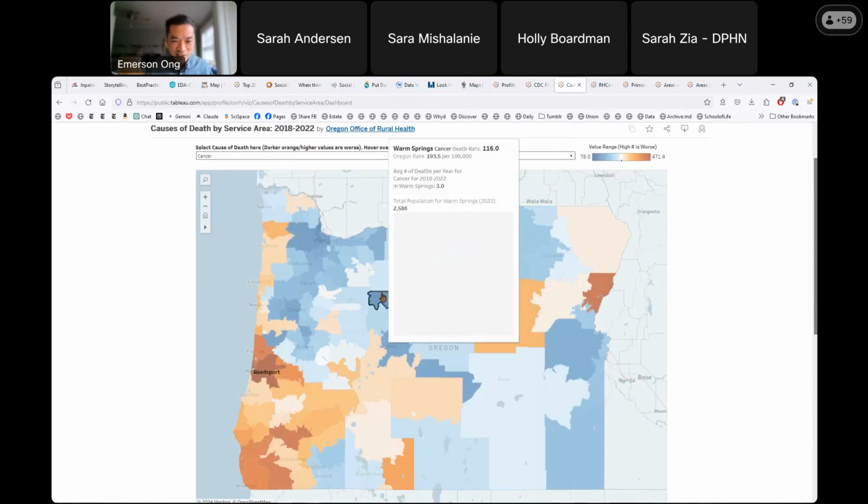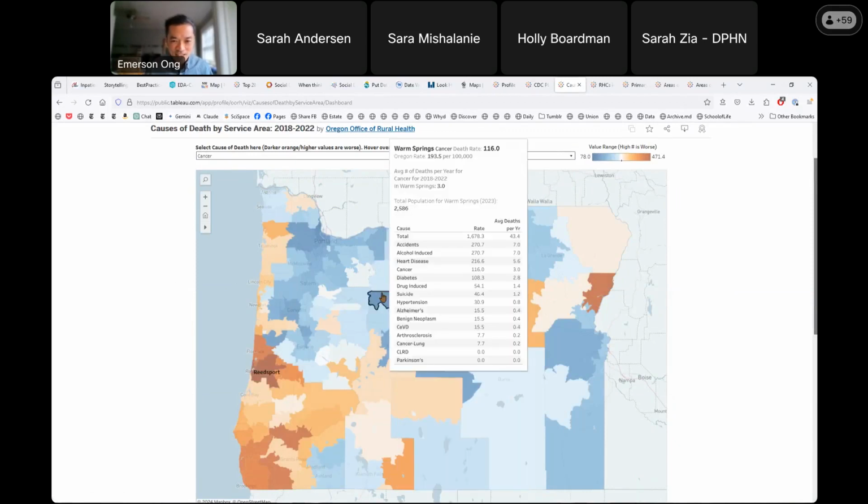Then you just hover over the service area that you want to look at, and it'll pop up a table that ranks the causes of death in descending order specifically for that service area, along with the average deaths per year for the past 5 years.